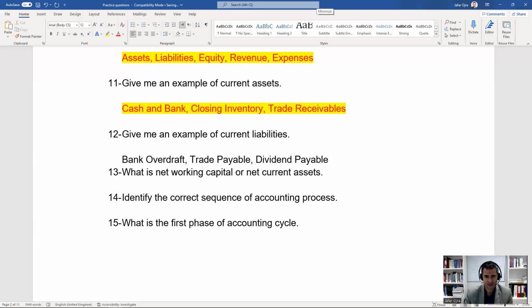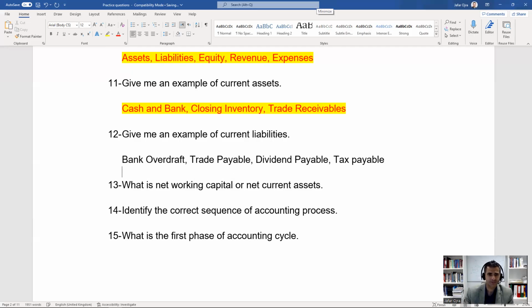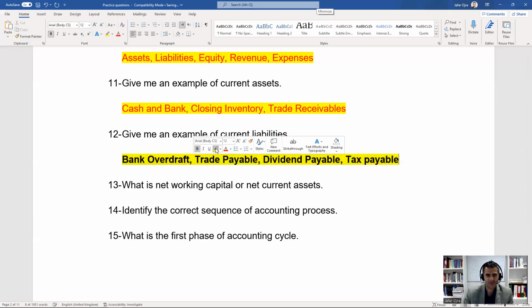Also tax payable, the obligation of the business to pay tax to the tax authorities in the UK, called HMRC. Okay, here we go. Those are examples of current liabilities.